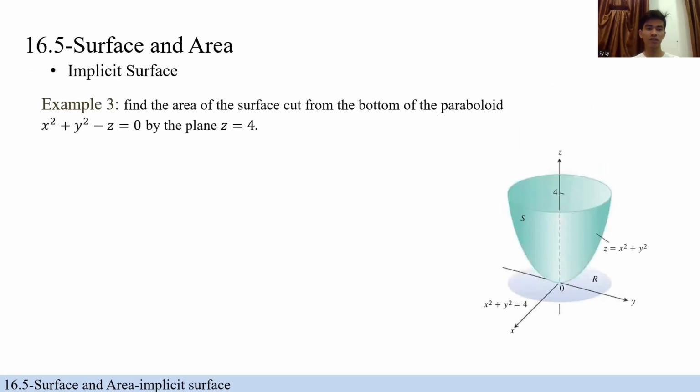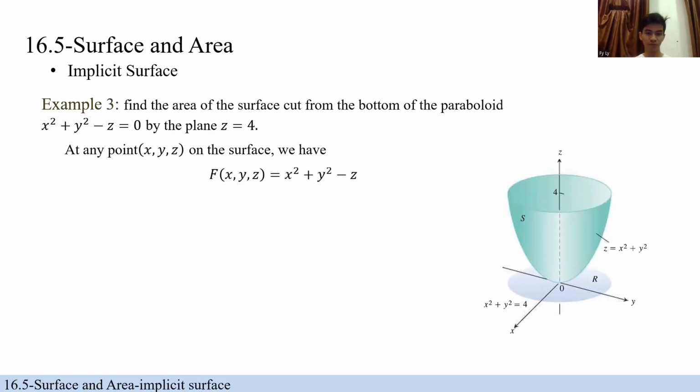So let's take a look at example 3. Find the area of the surface cut from the bottom of the paraboloid x squared plus y squared minus z equal to 0 by the plane z equal to 4.